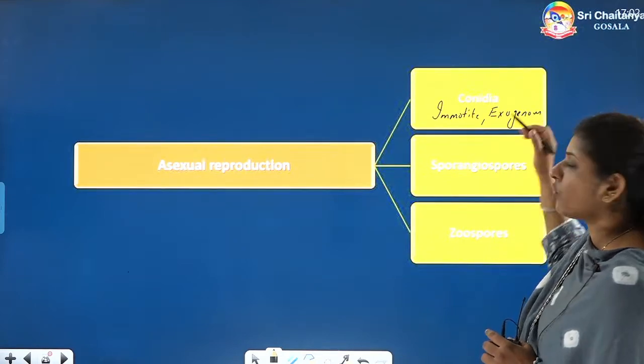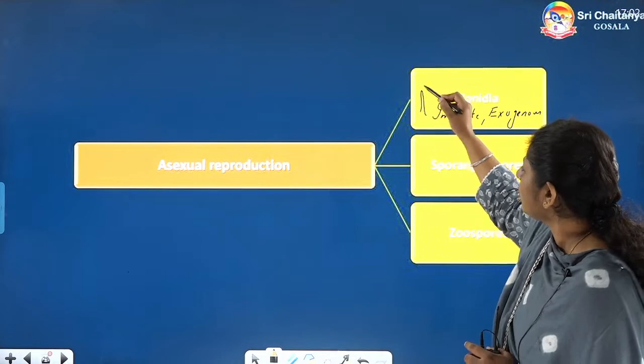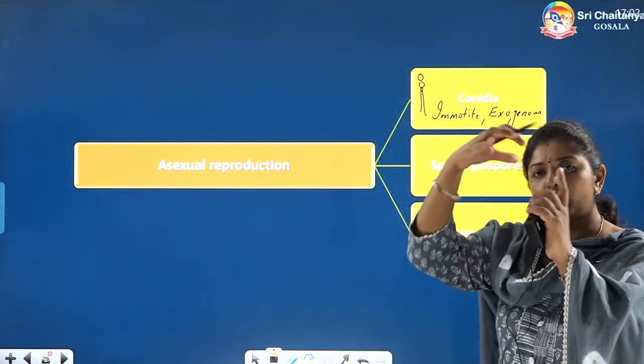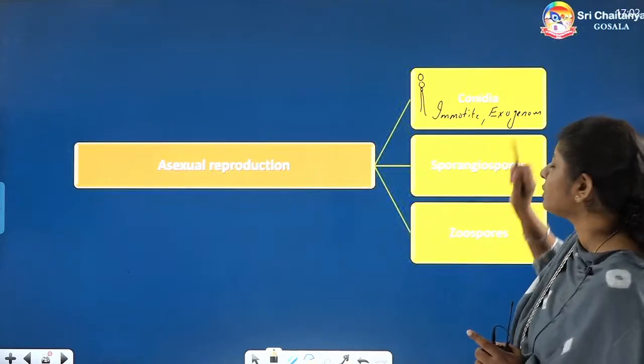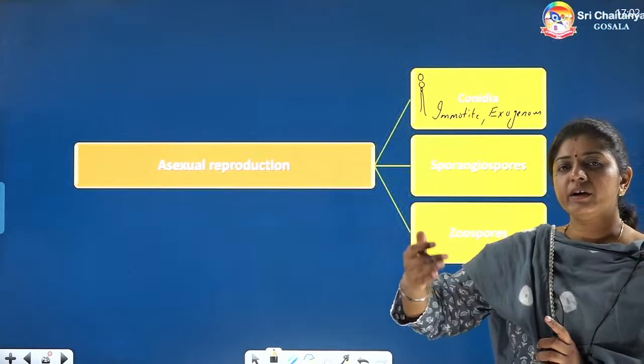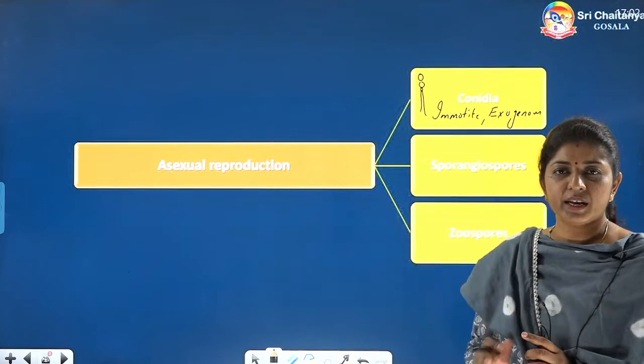Exogenous means formed outside the body, like a filament on which conidia start forming, right? It is not enclosed by anything, that's why it is exogenous, but immotile, no flagella. Once formed, air or water, mainly air, carries it from one place to another.